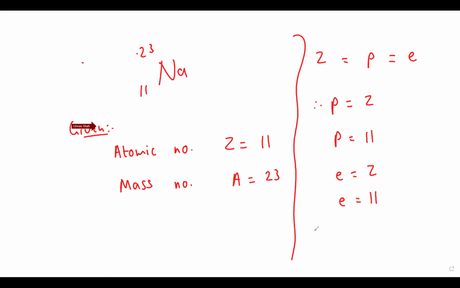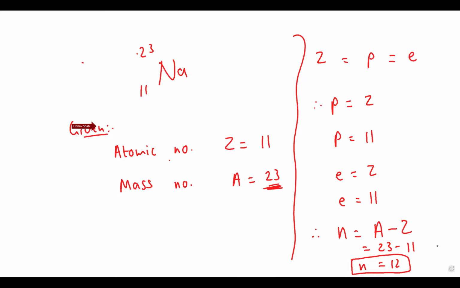Then you have to write neutron number. Neutron number is A minus Z. How much is your A? 23 minus 11. So how much answer did I get? 12. Understood now? So neutron equals mass number minus atomic number.